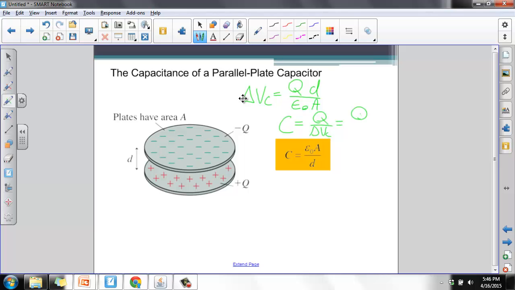So we'll divide Q by QD divided by epsilon naught A. The Q's will cancel out, and we'll get exactly epsilon naught A divided by D, precisely as our equation already told us. So that's for a parallel plate capacitor. We see that the capacitance depends only upon the surface area of the plates, each individual plate having the same area A, and the separation between them.